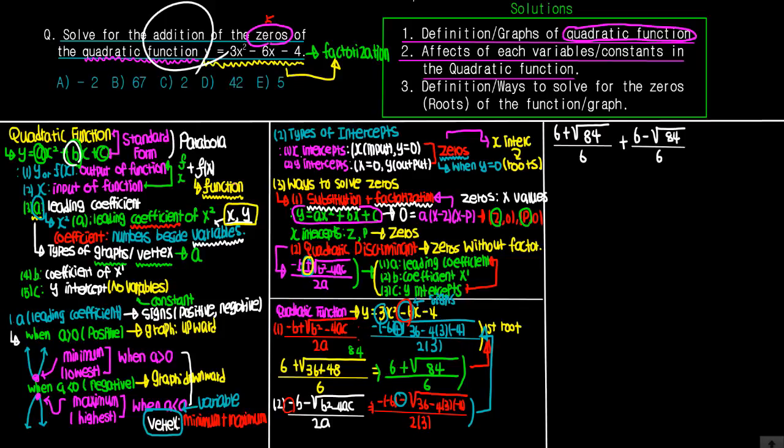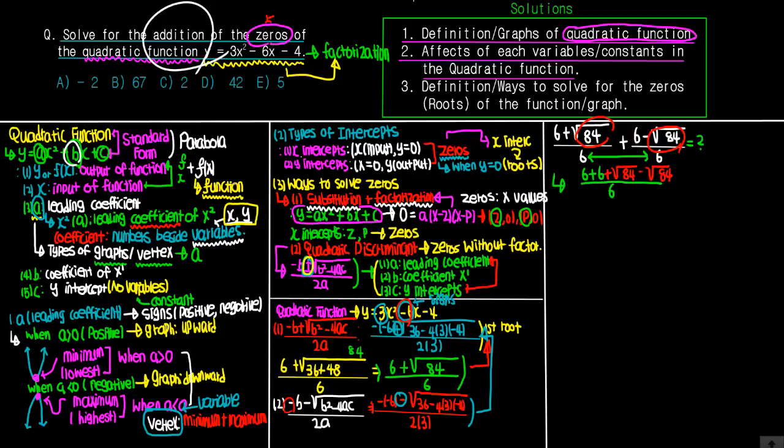Now we think about it this way. We're trying to find the sum, and the denominator is exactly the same, so we can add the numerators together over 6. On top, we have 6 plus 6, and then we have square root of 84 minus square root of 84.